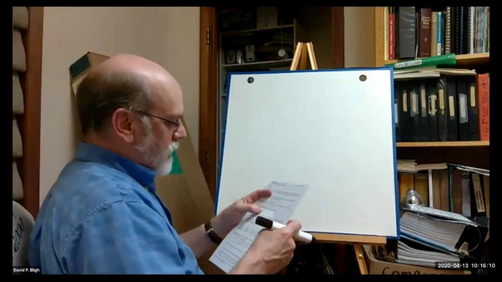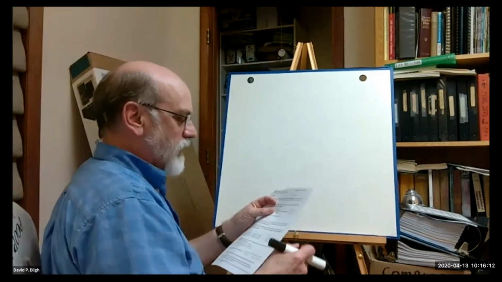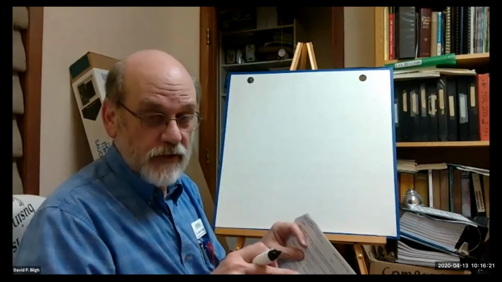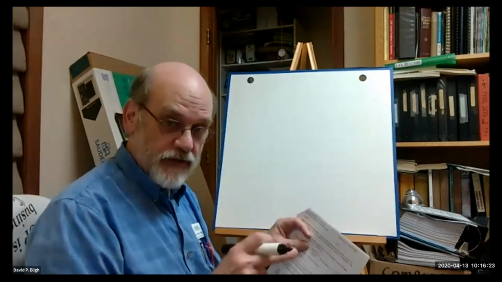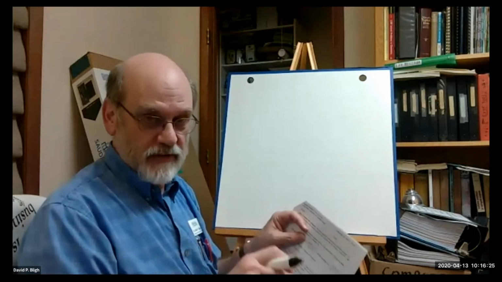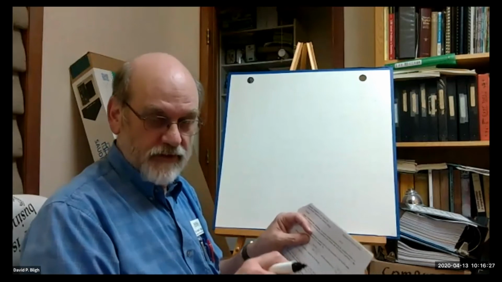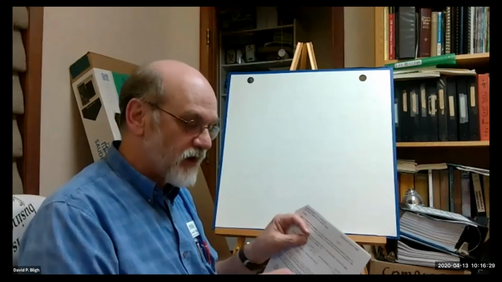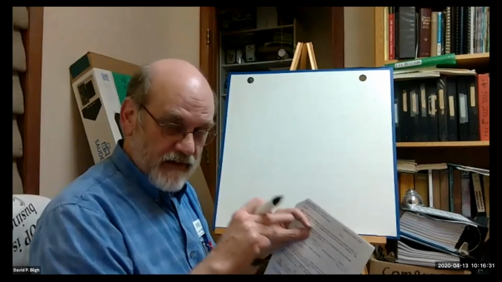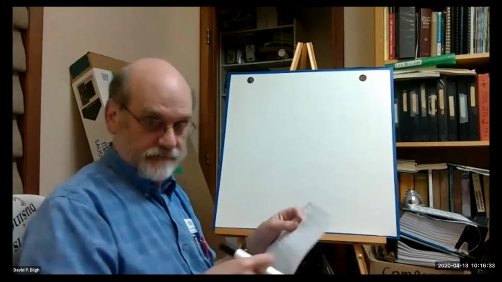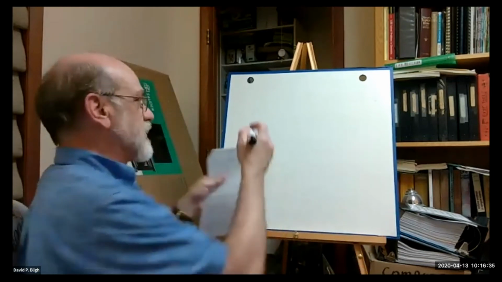So our Kf expression now becomes, we're going to substitute, what does Ksp mean? Ksp for silver chloride is the concentration of silver times the concentration of chloride. So instead of Ksp in that expression, we're going to plug in actual concentrations. Right? So this is what it looks like.